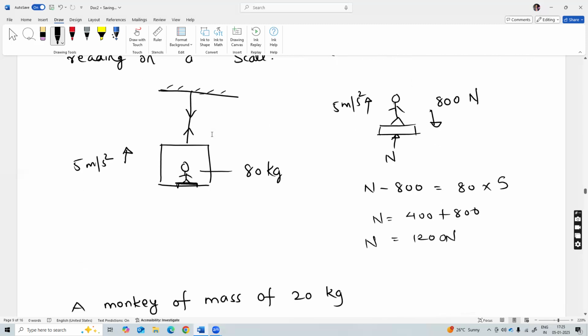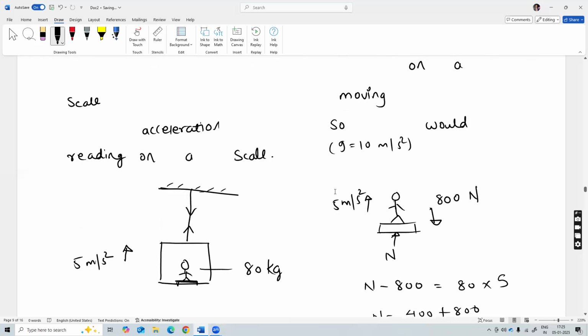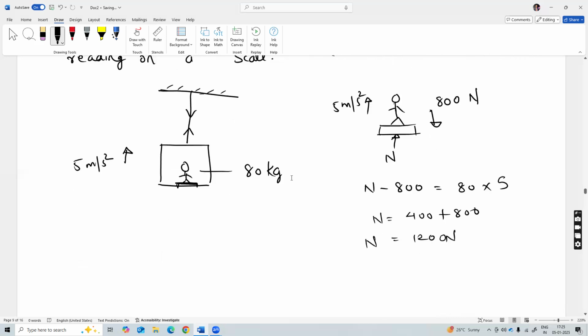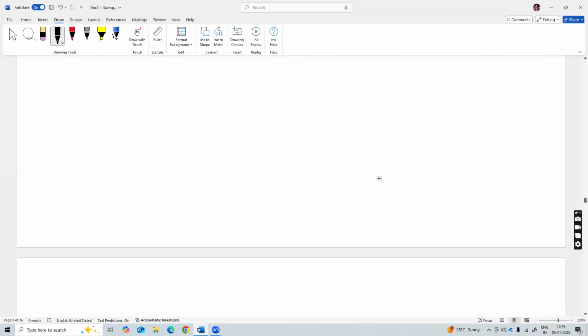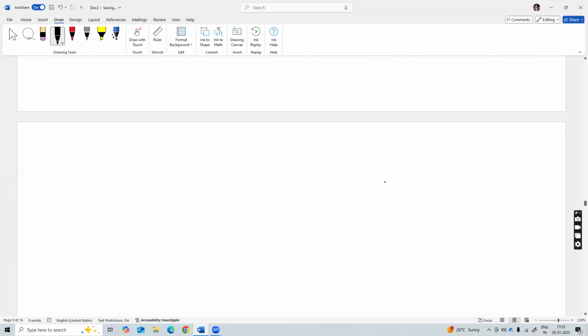So one more thing I just wanted to tell you here in this problem is the concept of pseudo force. The concept of pseudo force basically tells us that this person was standing in the lift, and the lift was moving with acceleration a.